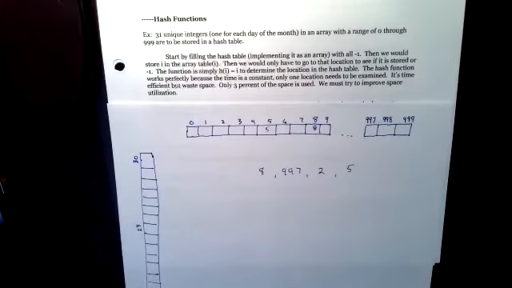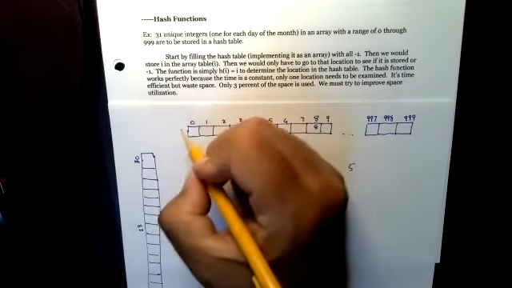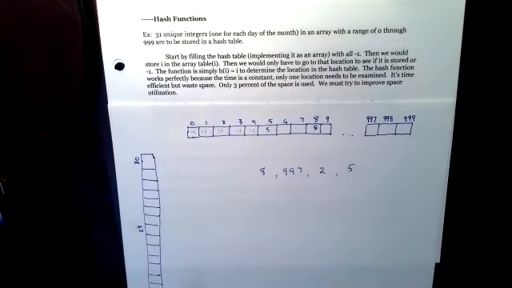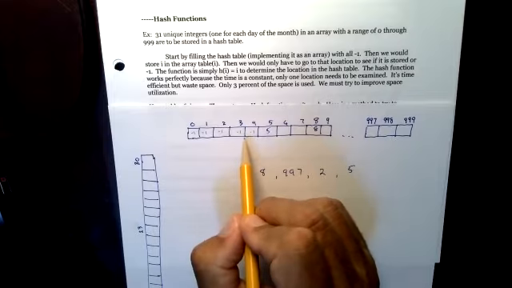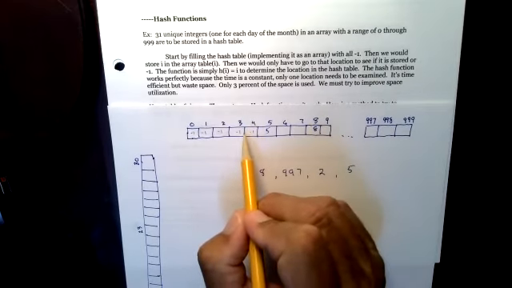Since this is an array of integers, why not fill it with negative ones? Negative 1, negative 1, negative 1. So if I said, is 3 in there? You'd go look and say, it's not 3, it's negative 1. There's nothing there.